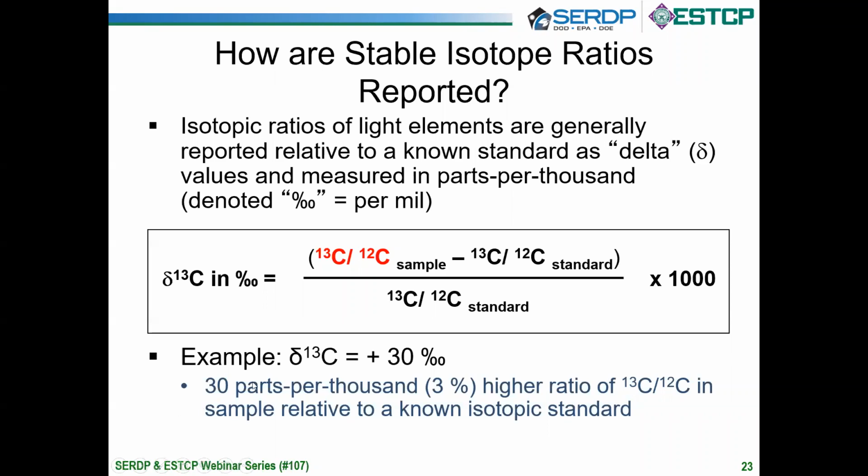So if someone says the delta C13 is plus 30 per mil, all that means is there's 30 parts per thousand, or about a 3% higher ratio of C13 to C12 in the sample relative to a known standard. And you should note that this value can be positive or negative. So a compound can be isotopically enriched or isotopically depleted.